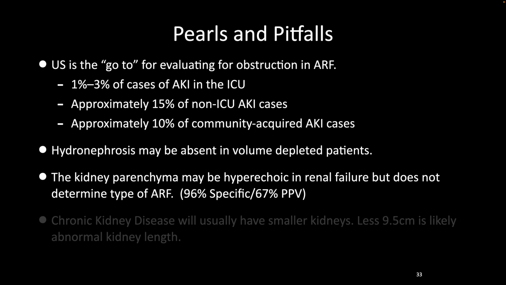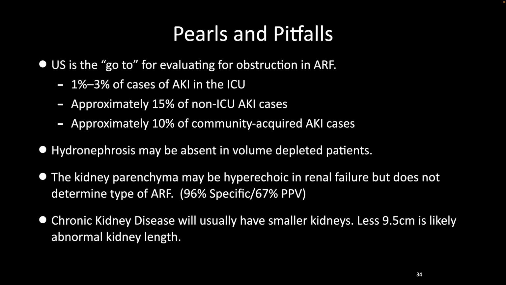Now, the hard part is if they're having acute renal failure, it's typically affecting both kidneys when we're seeing it in the labs, and may not be as obvious to us when we look at an individual patient. But keep in mind that it could show up as being hyperechoic. It is quite specific, has a moderate positive predictive value, but something that you may see. Now, again, this is not a binary question we have, but it is something we may recognize when performing this study.